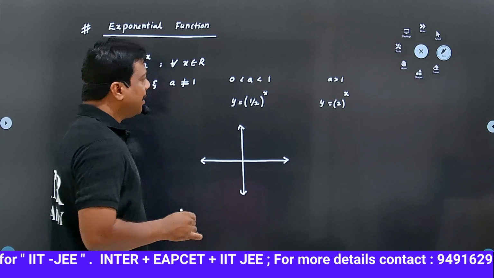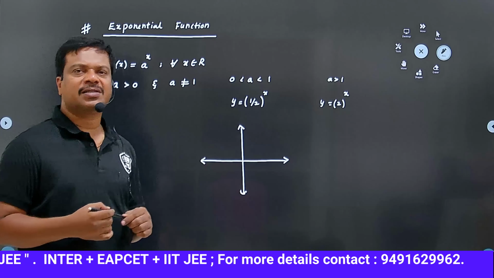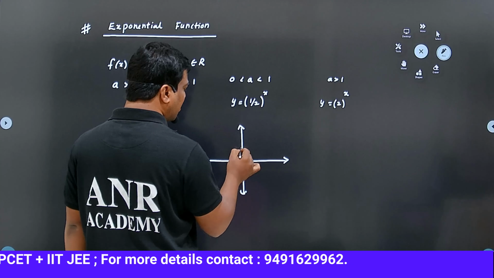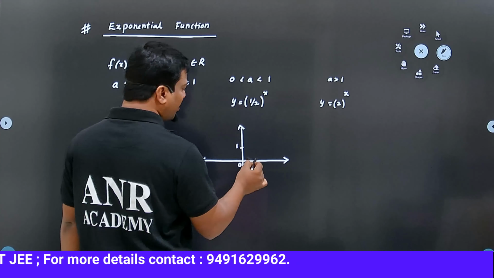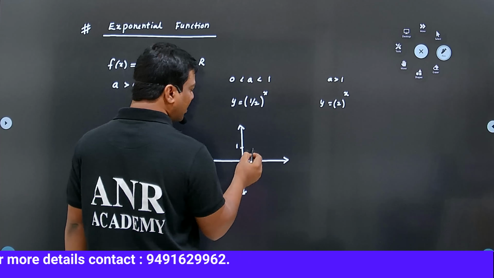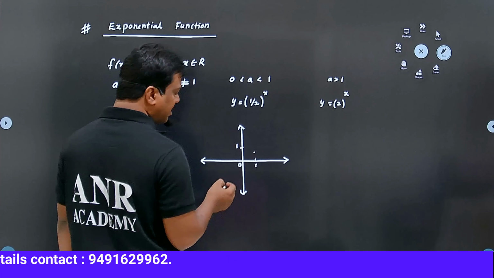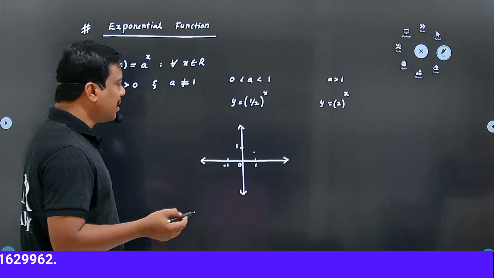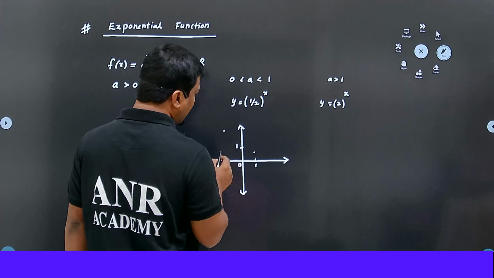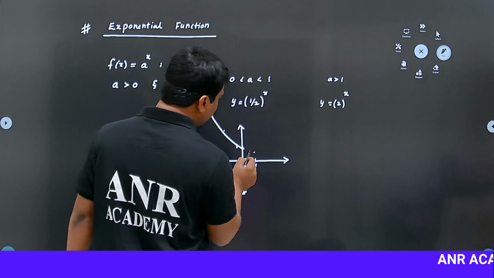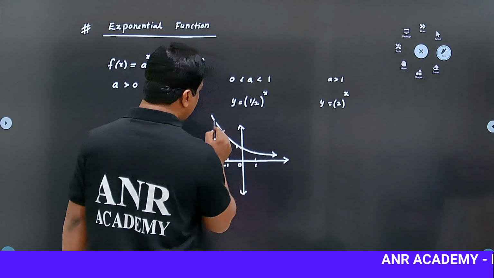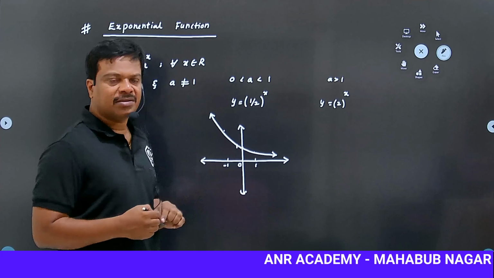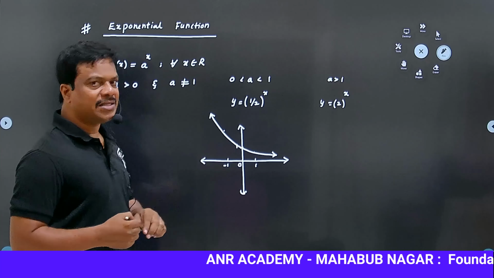We know that it is defined for all real values of x. First, if I give input 0, 1 by 2 whole power 0 gives 1. If you put 1, 1 by 2 whole power 1, that is 1 by 2, decreases. If you put x equal to minus 1, 1 by 2 power minus 1, nothing but 2. Joining all these points, the graph exists in this way. It is rapidly decreasing. So due to that reason, it is known as exponential function.